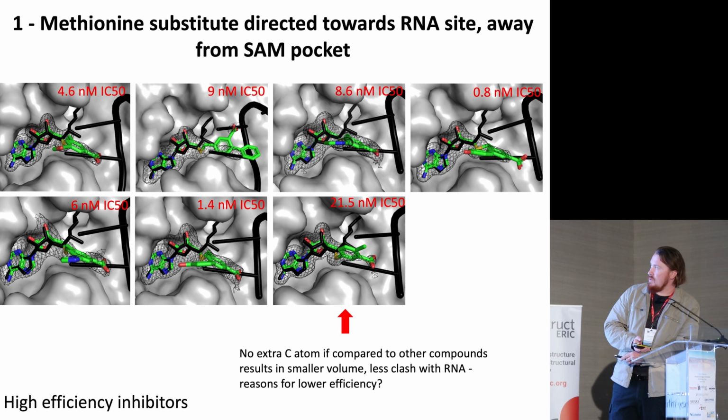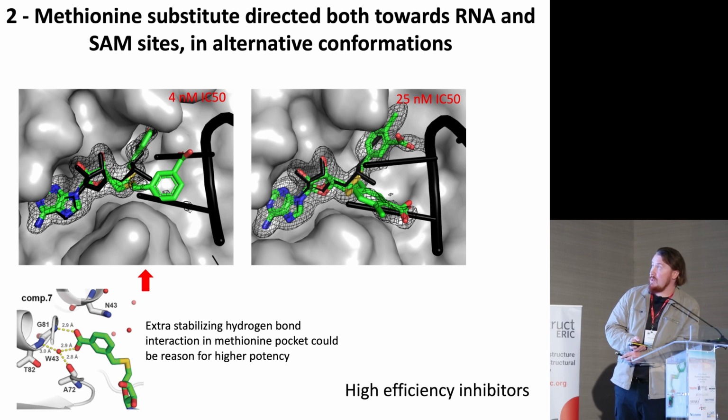An interesting case was this compound, for which the IC50 value was a bit higher. We think perhaps because it's a bit smaller and doesn't clash so efficiently with the RNA substrate, its activity could have been a bit worse. The second mode was that the methionine substituent is in an alternative conformation.